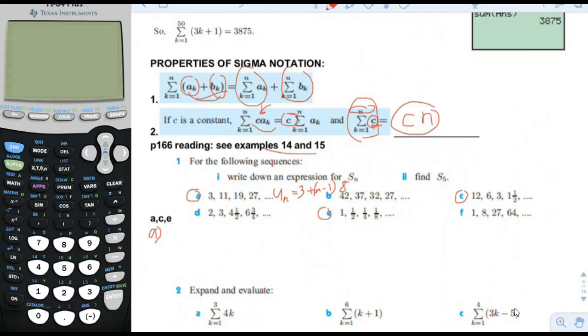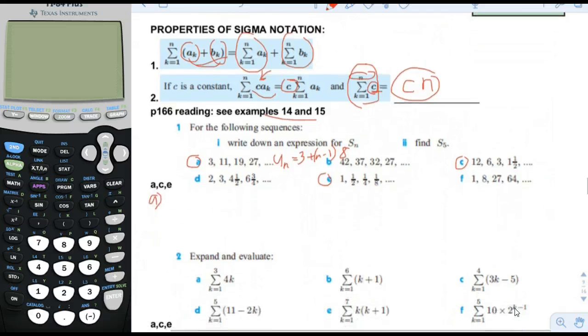Okay. Page 166, there's some examples. Let's start with A, C, and E of number 1. A gives us a sequence, 3, 11, 19, 27, and they want us to give an expression for S sub n, which is the sum up to the nth term. In this case, the general term we can write as un equals 3 plus n minus 1 times 8.